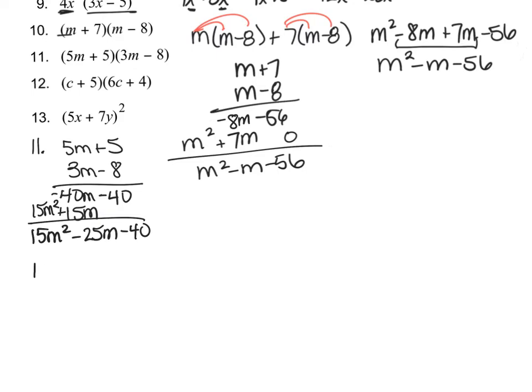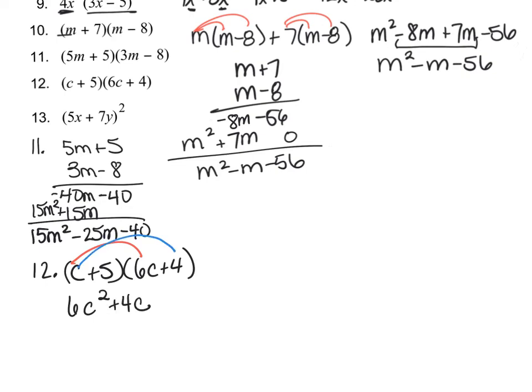So number 12, c plus 5. I'll do this one horizontally just for variety here. We got c times 6c gives me 6c squared. Then I have c times 4 plus 4c.